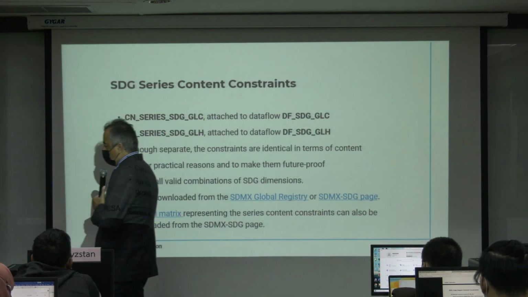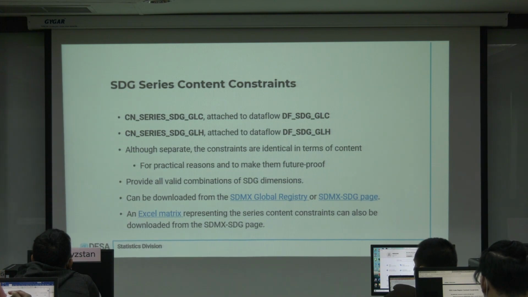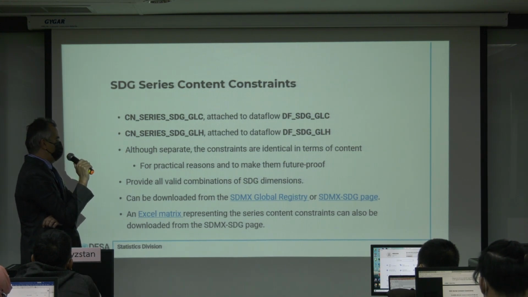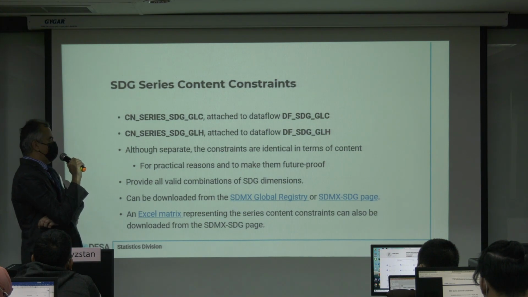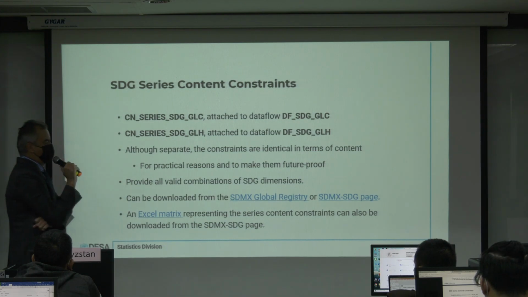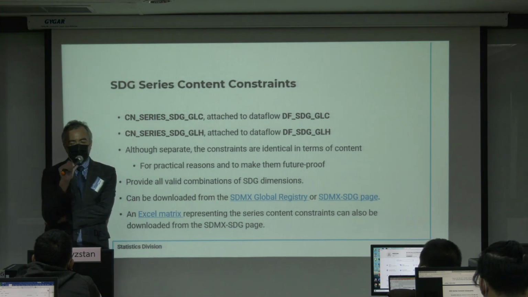And this is where it gets really interesting. Series content constraints, which were only published last year. Series level content constraints define relationships among dimensions of the global SDG DSD.